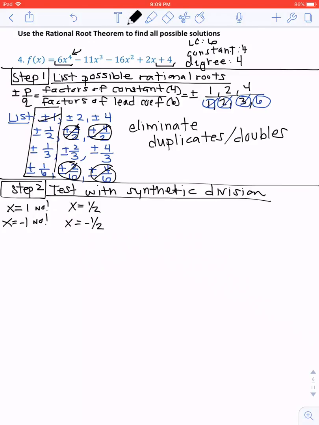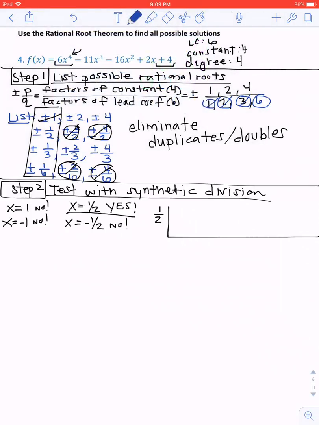All right, did either of those work? X equaling negative 1/2 should not have worked, but yay, x equaling 1/2 should have worked. I'll prove it just in case, because if you go, I did 1/2 and it didn't work, I want to make sure you see that it does.